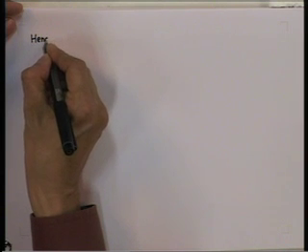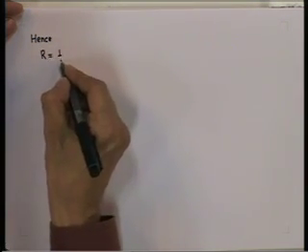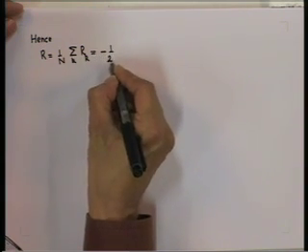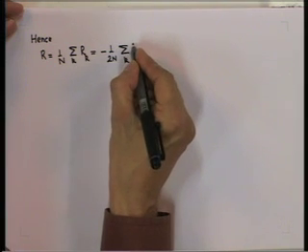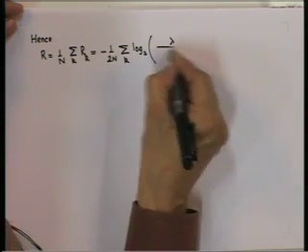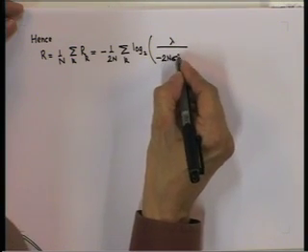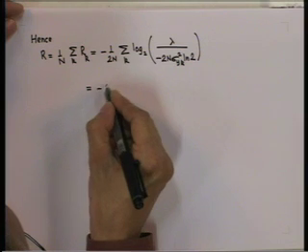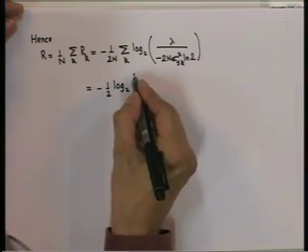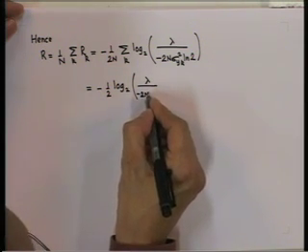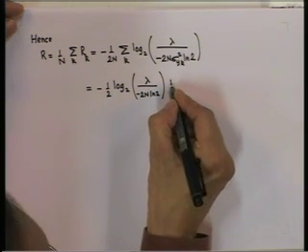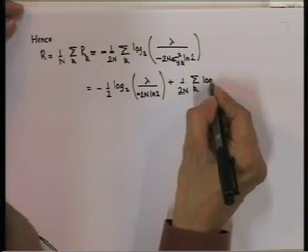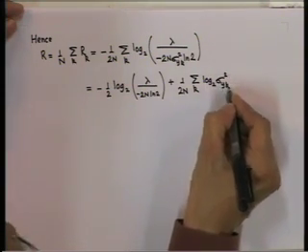Hence, R equal to 1 by n summation of R k can be rewritten as minus 1 by 2 n summation over k of the quantity log 2 of lambda over 2 n sigma squared y k log 2, and this can be rewritten as minus half log 2 of lambda over minus 2 n log 2, plus 1 by 2 n summation over k of log to the base 2 sigma squared y k.